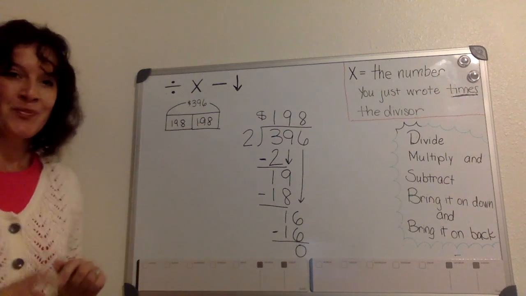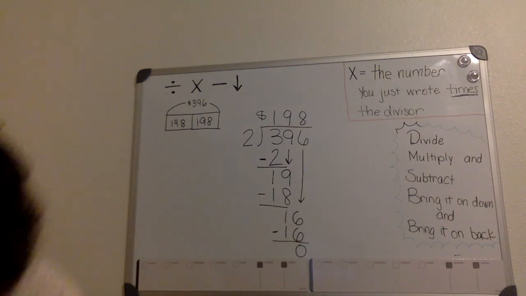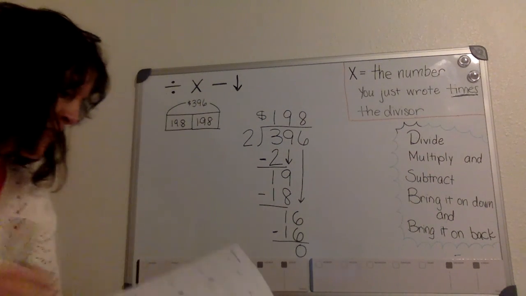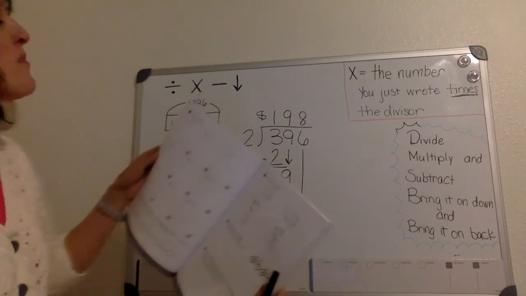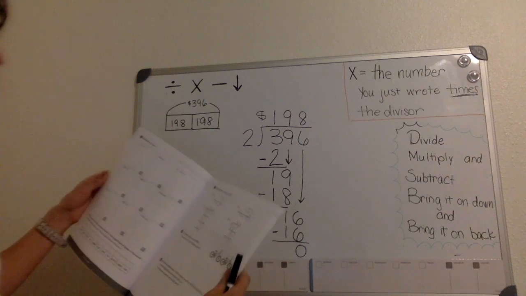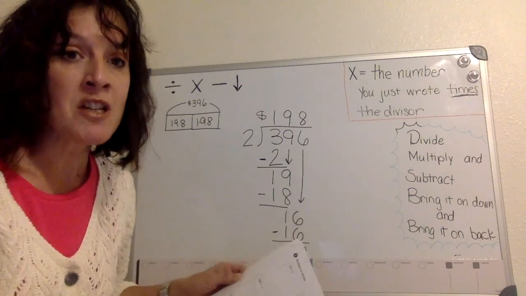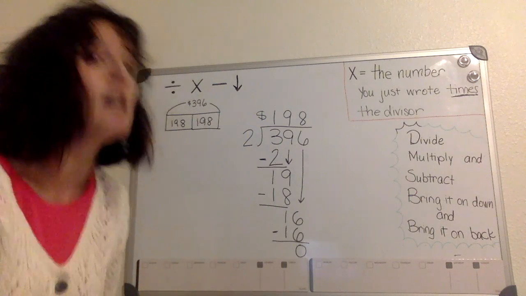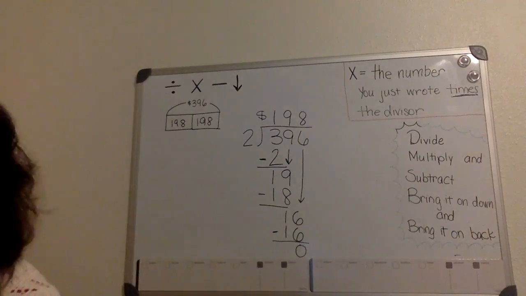Okay, we're not done because they want more from us. So going back to page 15, it says 2 identical bikes cost $396. How much do 7 such bikes cost?